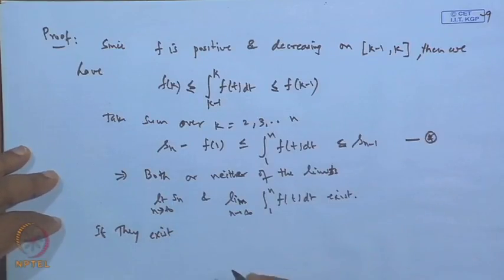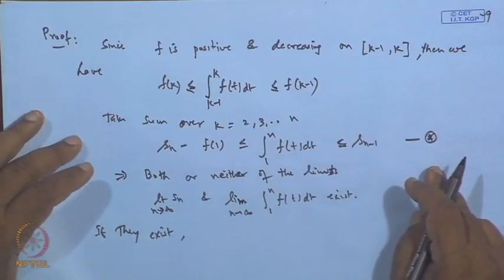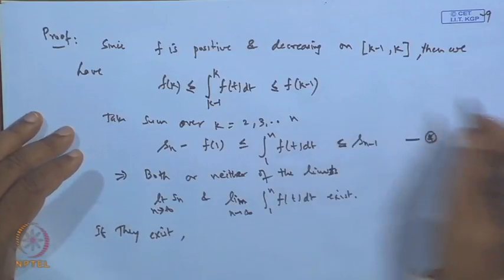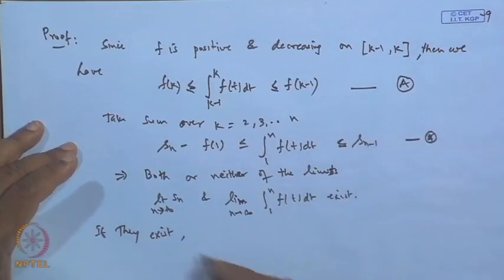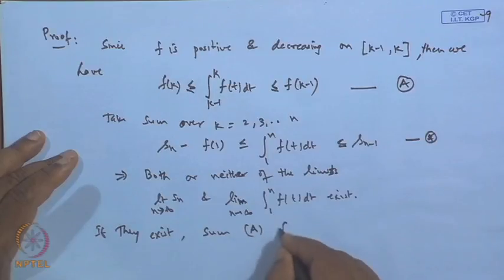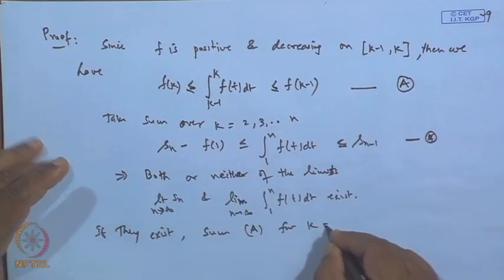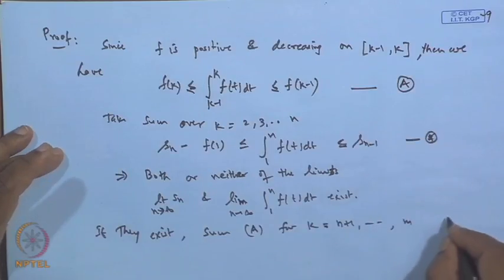then add them. Add this part from here, again let it be a_k, then the sum over k equal to n plus 1 to m, where m is greater than n.